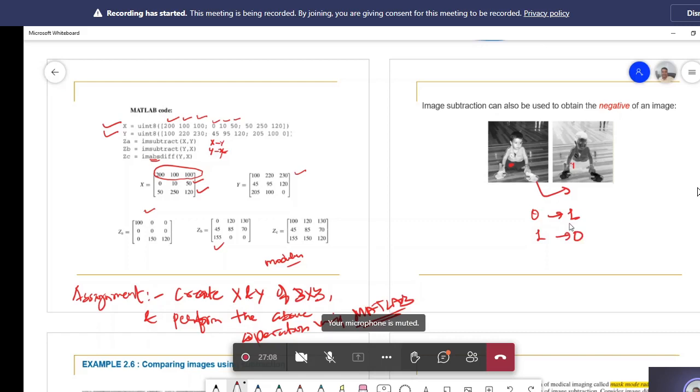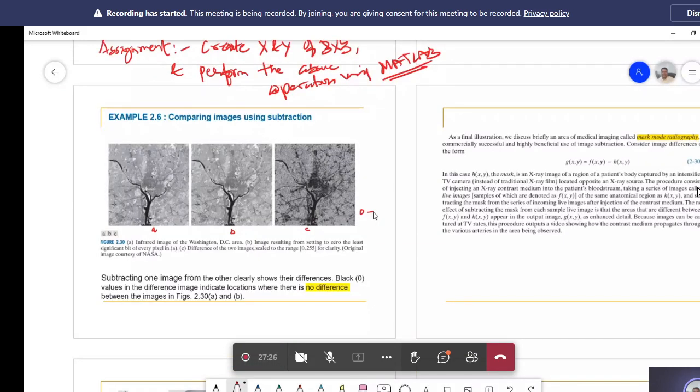This is the C difference of these two images, and it is scaled to 0 to 255 for the clarity. So subtracting one image from the other clearly shows their differences. Black means 0 and white means 1. Is that clear?